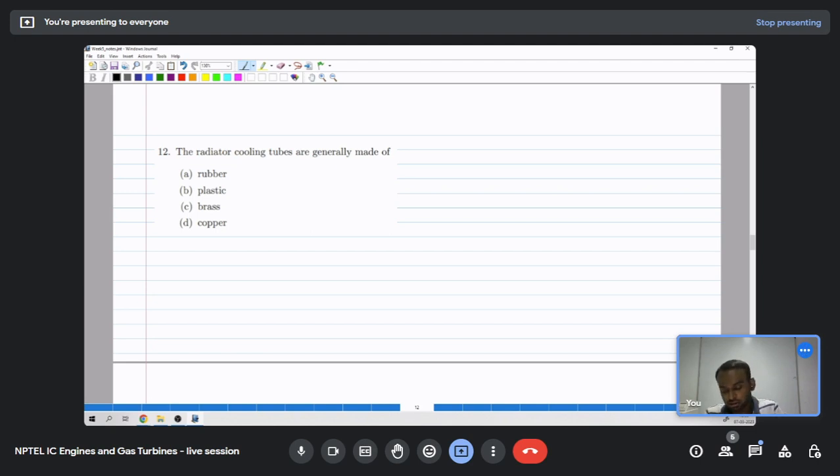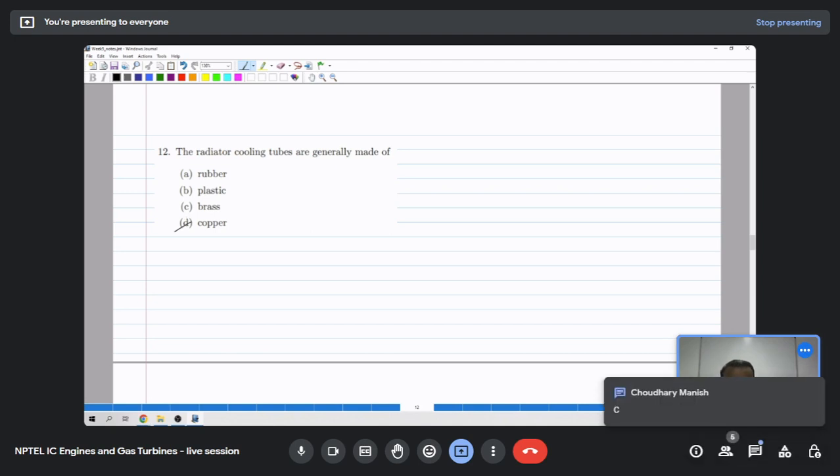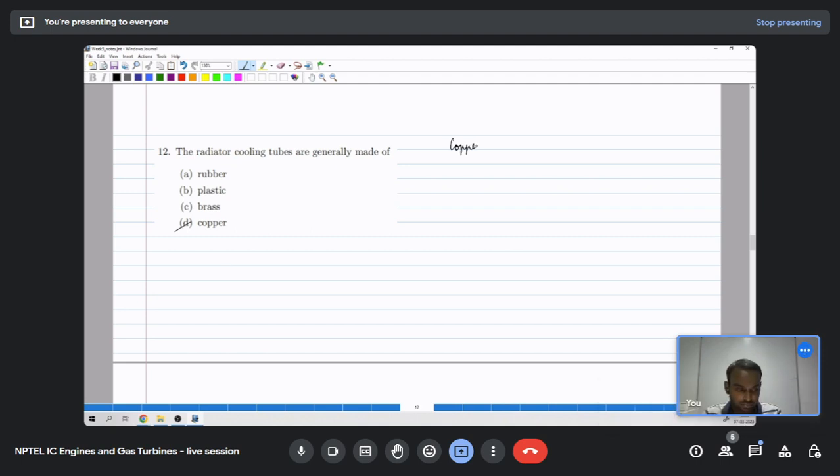The answer is copper, because copper has more thermal conductivity. Copper has high thermal conductivity compared to the other materials. And nowadays only aluminum is used to make it cost effective and also lightweight.